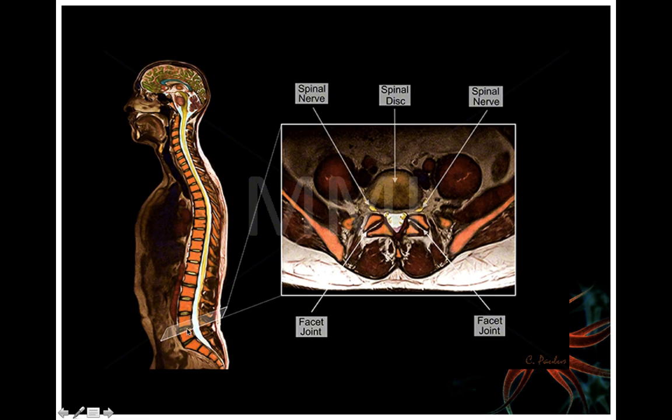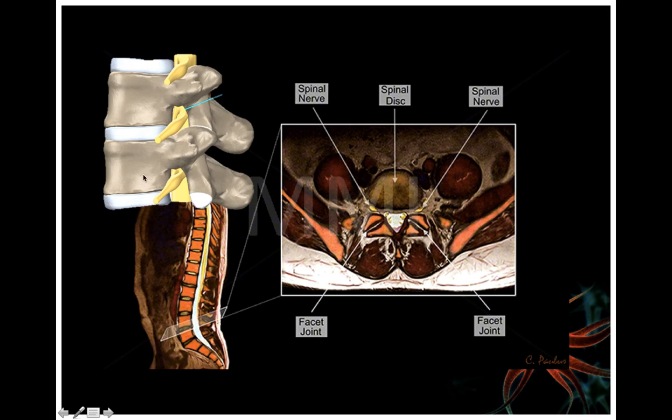They can collapse, they can lose water content, become thinner than their normal height, and also the backside of the end plates in the vertebral body can grow osteophytes. Osteophytes can grow out, and so the vertebral body gets thickened, the entire canal narrows, and you have spinal stenosis. Okay, let's go to the next slide.